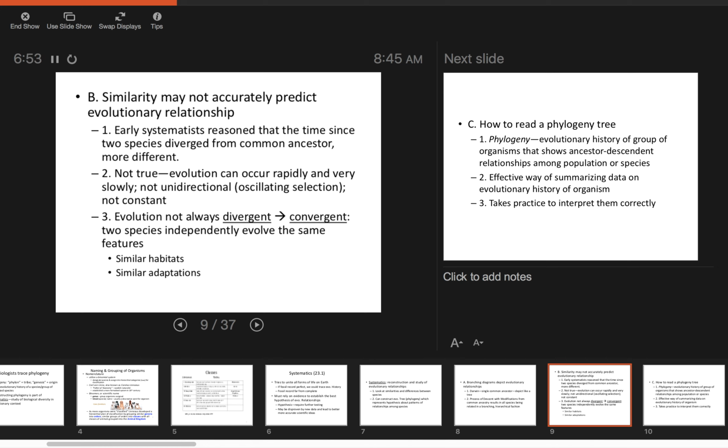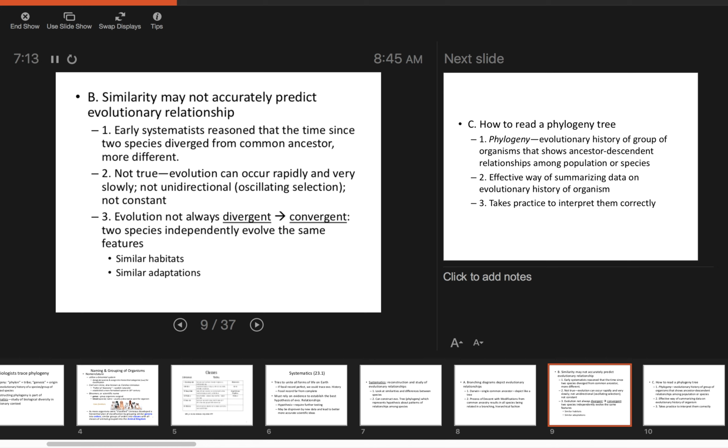Early systematics reasoned that the more time since 2 species diverged from the common ancestor, the more different they will be. So I should have left my little diagram up there. So we had this, and then I'm just going to do this. Okay. So like this has diverged twice, so this should be more different than that. But that's not necessarily true.